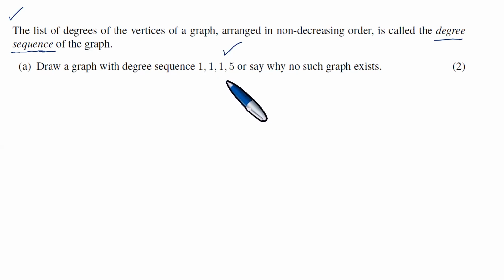Let's look at this one. Draw a graph with the degree sequence. They can give us a degree sequence. What is the degree sequence? It is the list of the degrees of the vertices of a graph arranged in non-decreasing order.